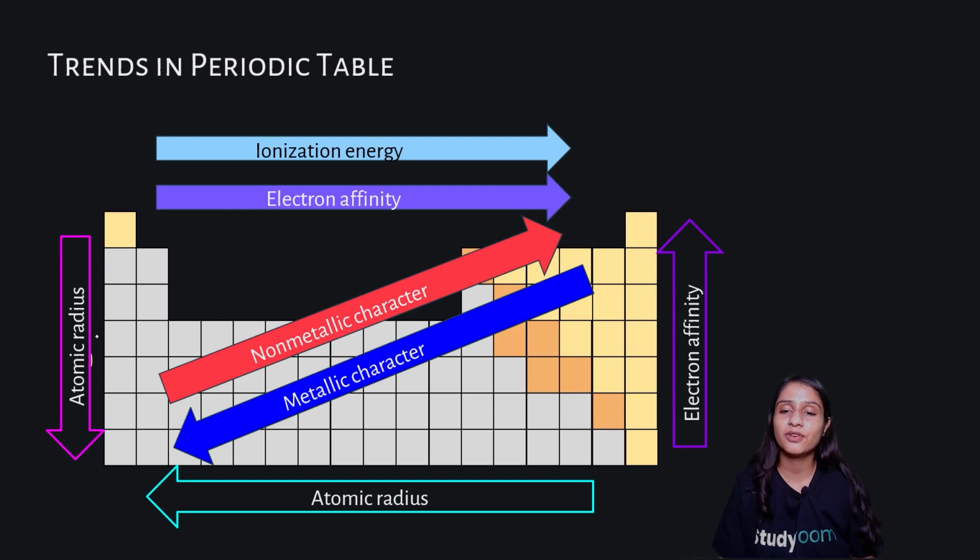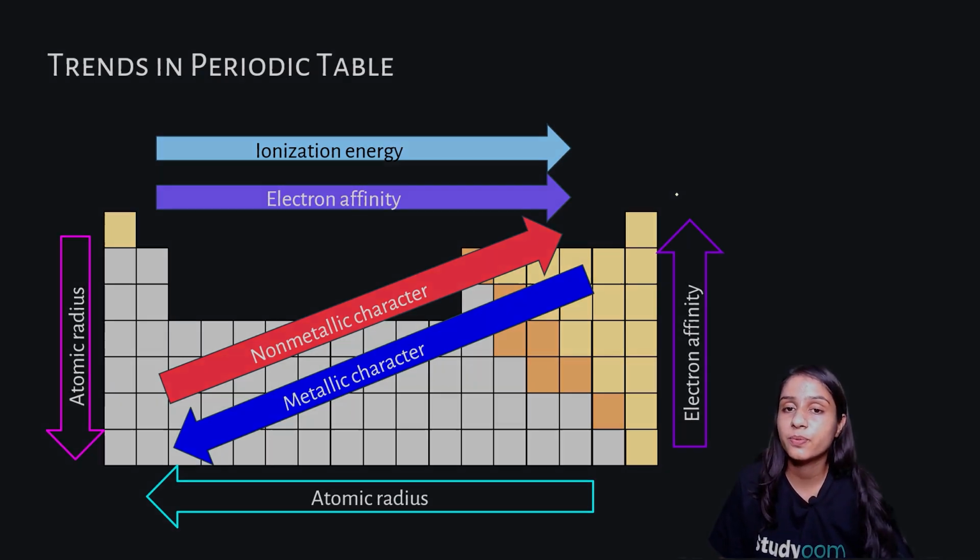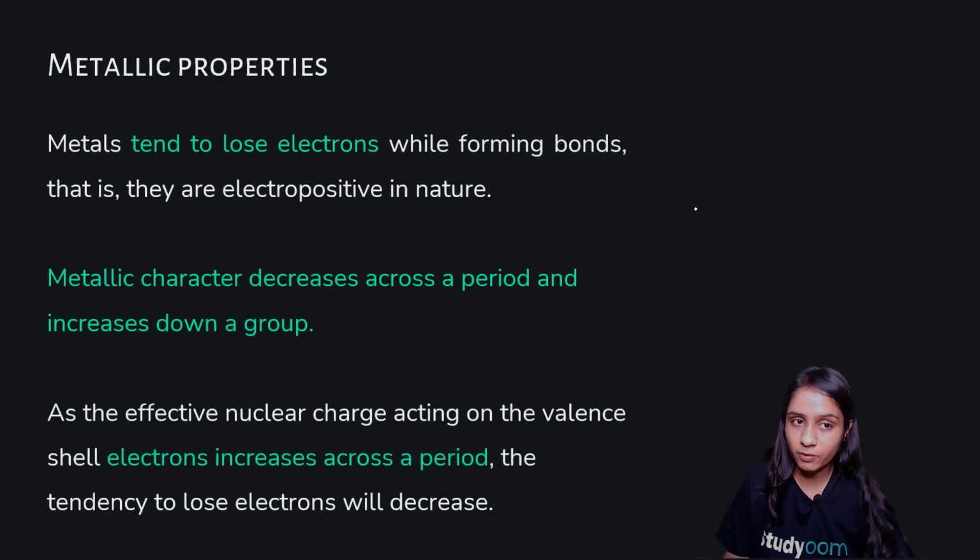So this is atomic radius. Electron affinity goes this way. This is very important and very convenient to write in exams. So metallic properties. Metals tend to lose electrons while forming bonds, that is, they are electropositive in nature.